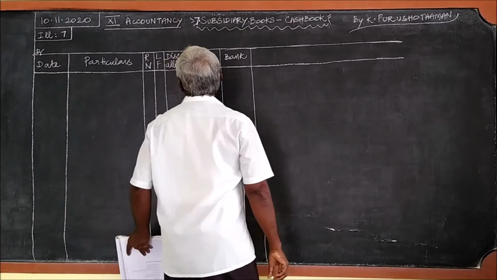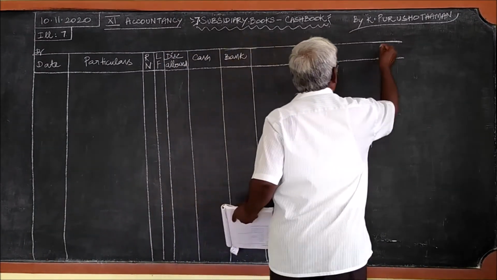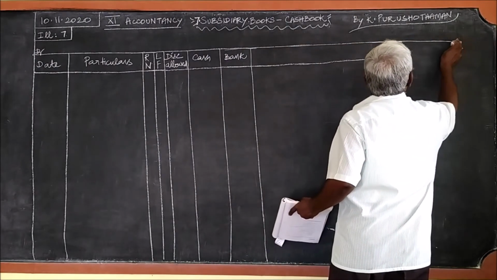And the same 7 columns with a small change on the credit side also.